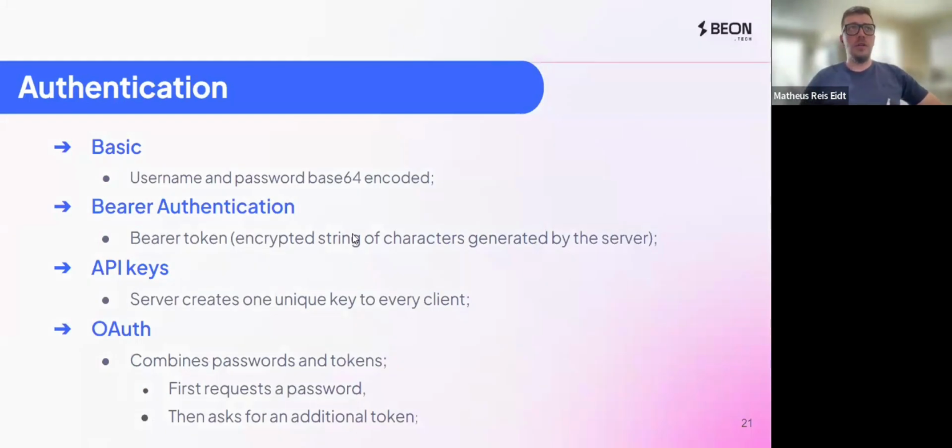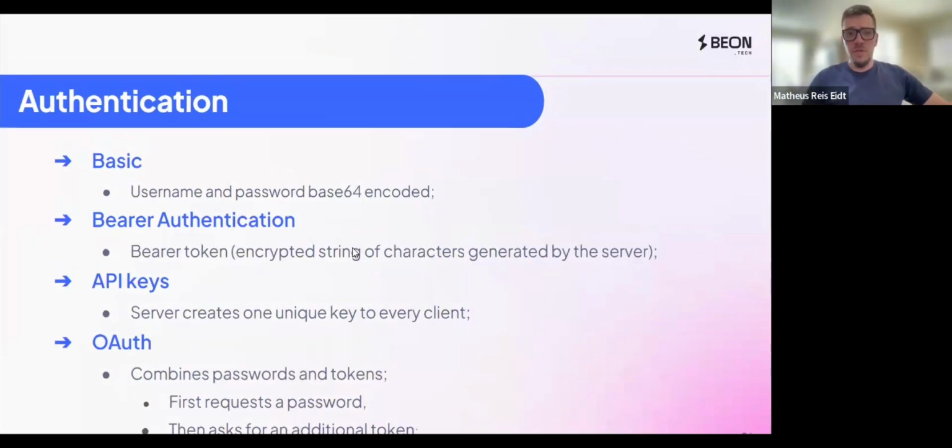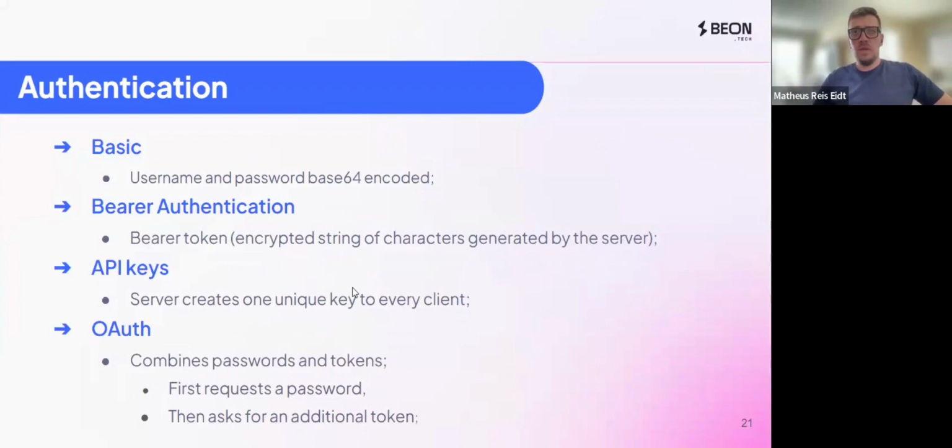Now let's start talking a little bit about how to authenticate our users. The authentication is used to identify which user is trying to access the information. We have 4 types of authentication. The first one is basic authentication. This uses a username and a password, base64 encoded.